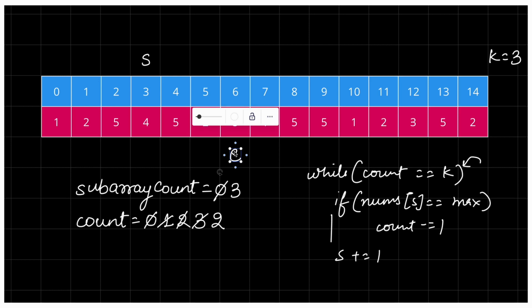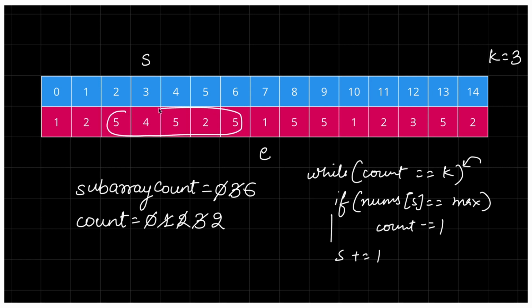So let's move this end forward, and now you have added another element in your subarray. Now just think about it. Once again I am going to add this particular S to my subarray count, which will make the total 6. Why? Let's try to understand this. See guys, earlier you had this one subarray, then this one, and then this as one more subarray. Now you are adding one more element to your current window.